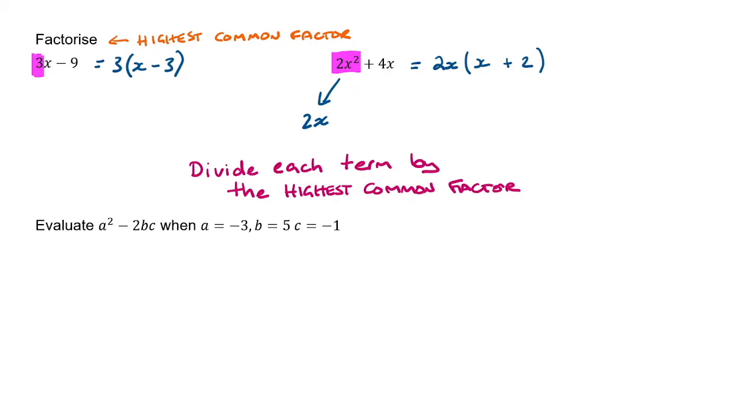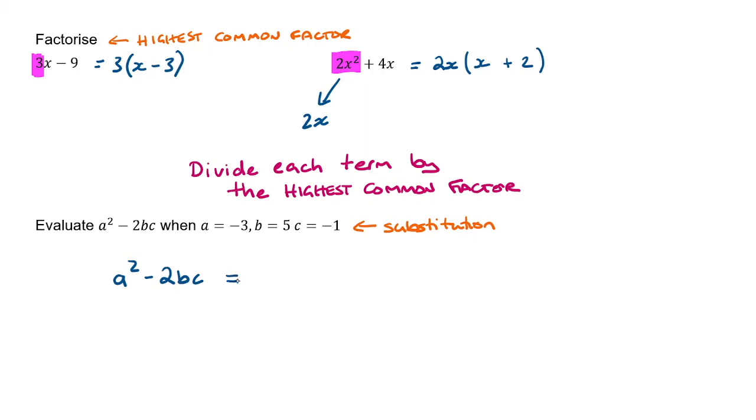This is a substitution question. This is substitution. Okay, where we are going to substitute values into an expression to evaluate it. We're going to substitute in. So, I'm going to write out my expression first, only because it makes it easier to know where to put those values in.